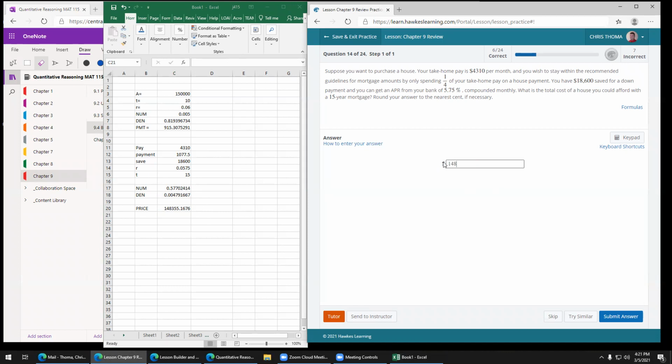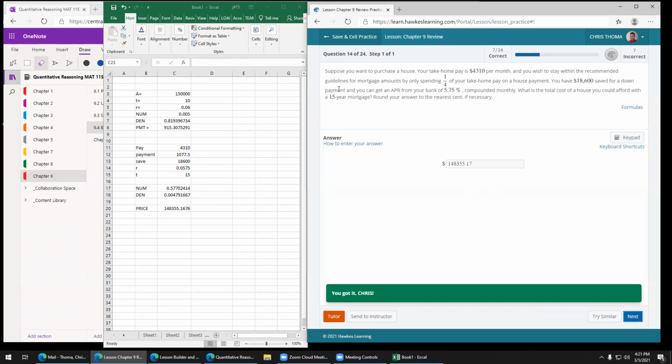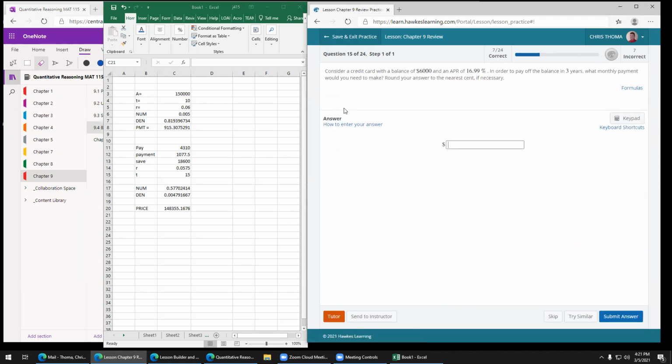Now that we have some savings, there we go. So don't forget to put in your savings, because that's not part of the formula. That was the max you could pay without it, so if you actually have the savings, then you can pay a little bit more. Again, I make the mistakes so we all can learn together.